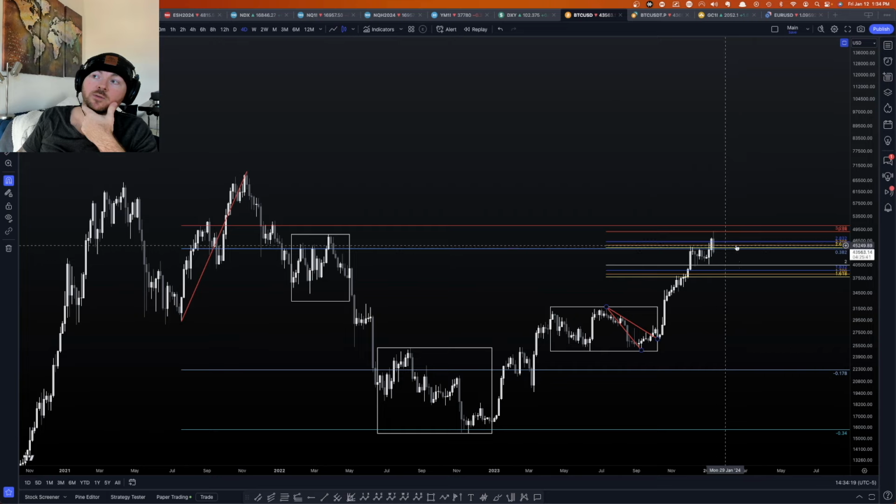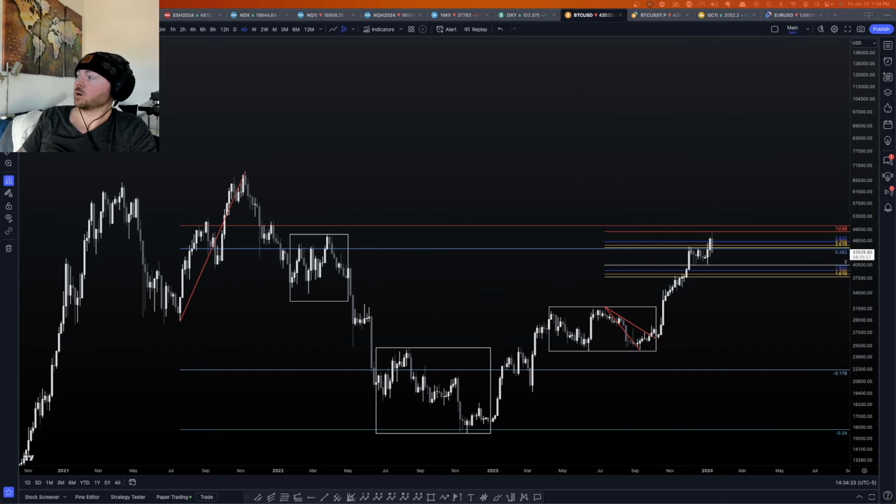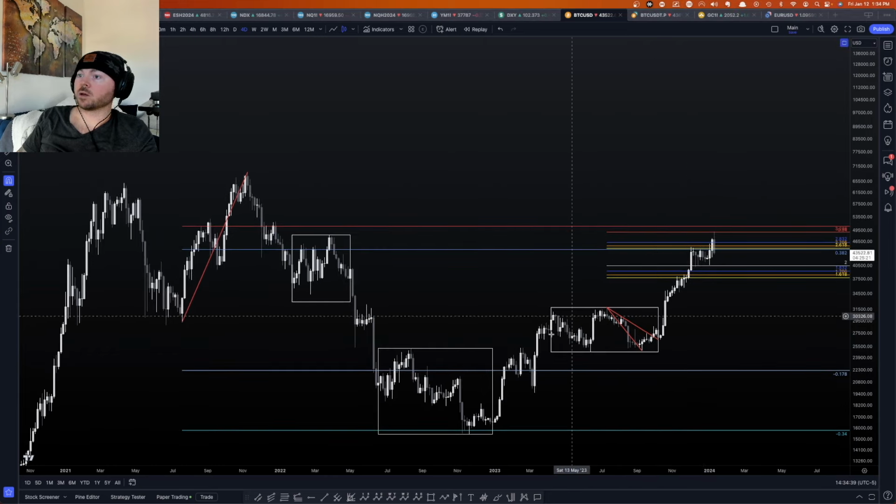So if ETFs have to buy here, they're the guys who are buying here and buying here, using the extra volume to be able to get out of their bags here. So yeah, I don't know, that's kind of how I'm looking at it.